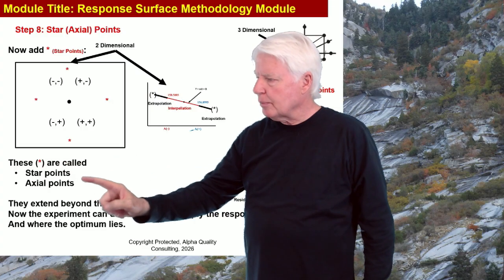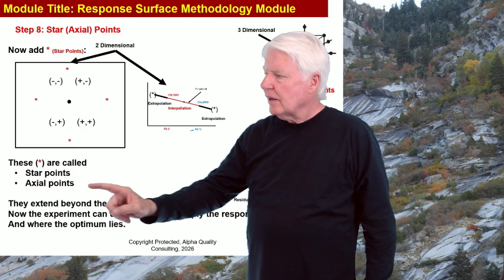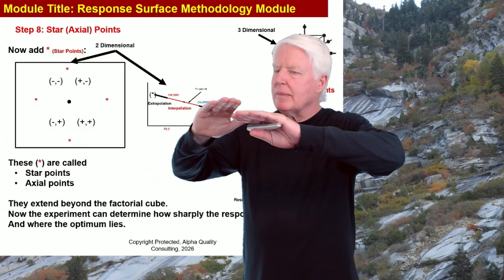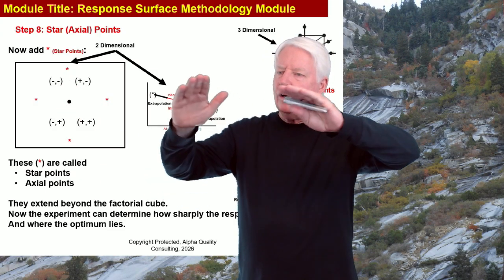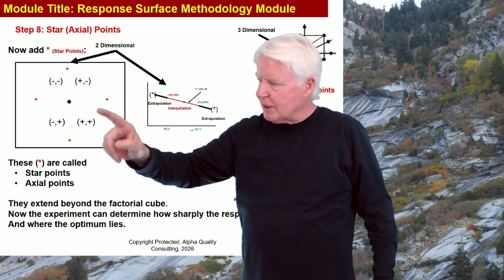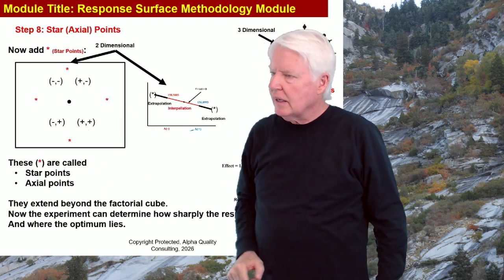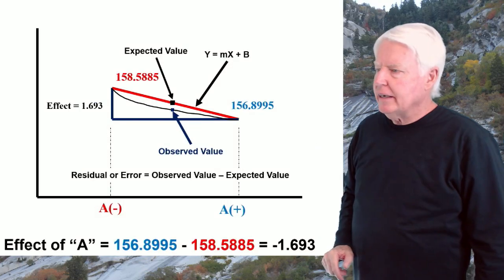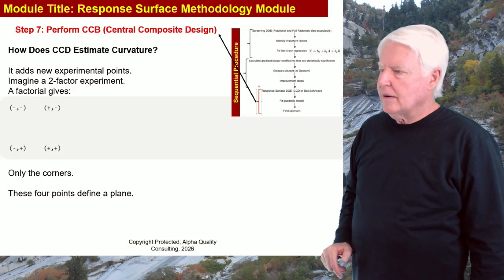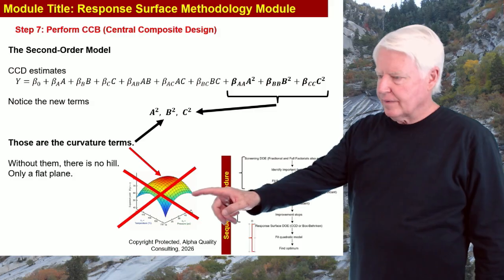We're going outside our original design envelope because the curve may be peaked here, but it goes out here a ways further. We want to capture that with these axial points. It's kind of the anchor points for this.